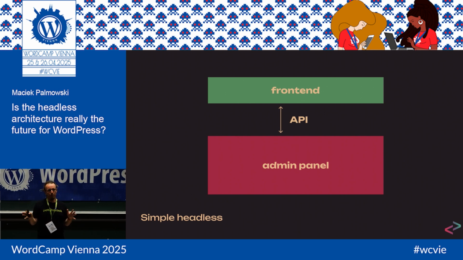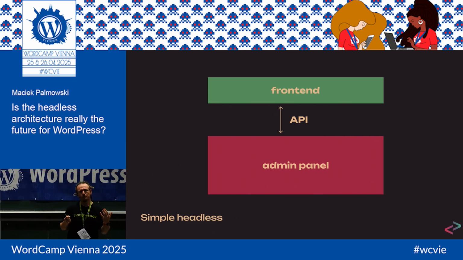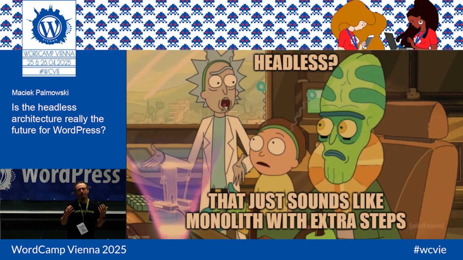And while this example is perfectly fine, because that's how headless works, I find it the worst example possible, because it only shows how we are trying to complicate something that is simple. When I first saw this image and started reading about headless, I was like, okay, but why would anyone even want to do this?